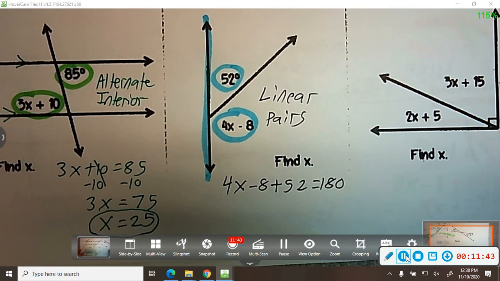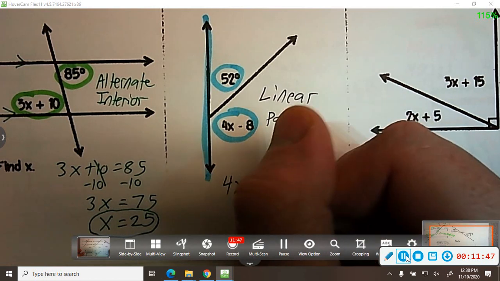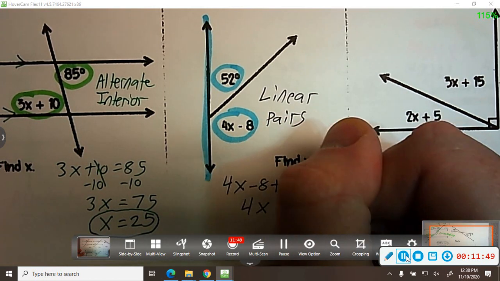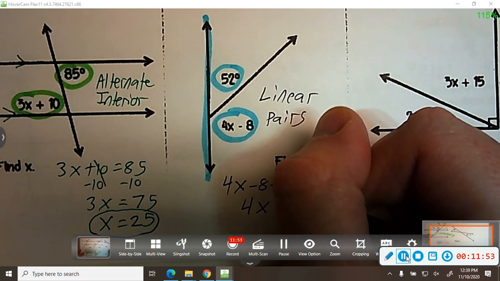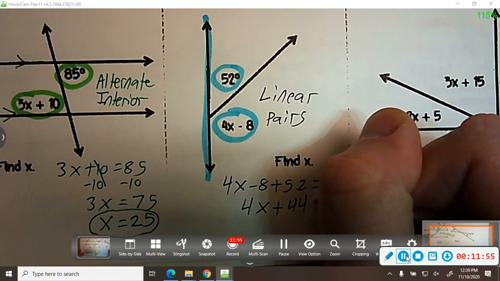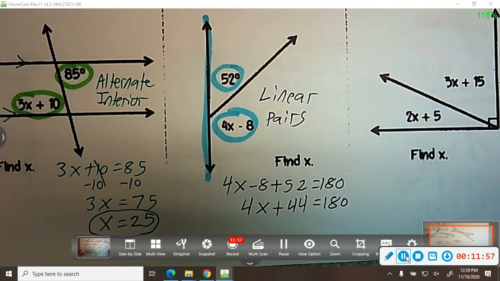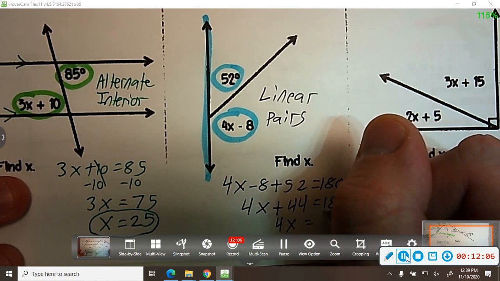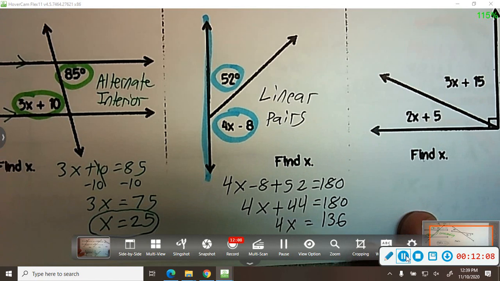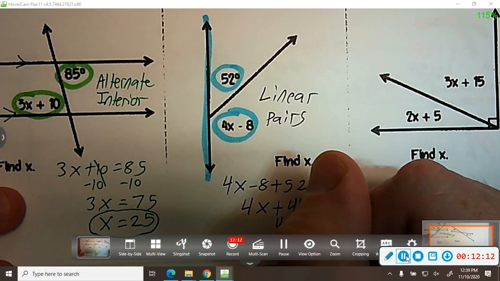We know linear pairs are supplementary. Negative 8 plus 52 is 44. Take away 44 from both sides, you get 136. Take 136 divided by 4, and you get 34.